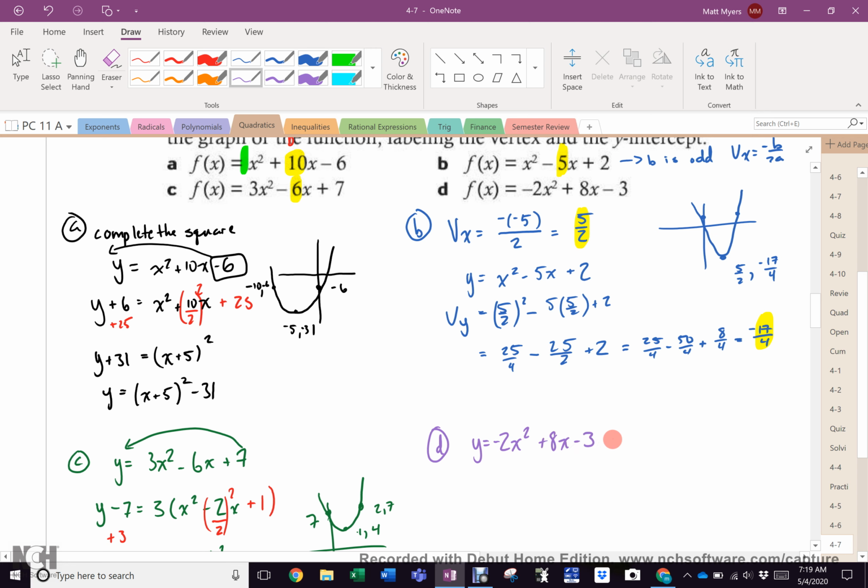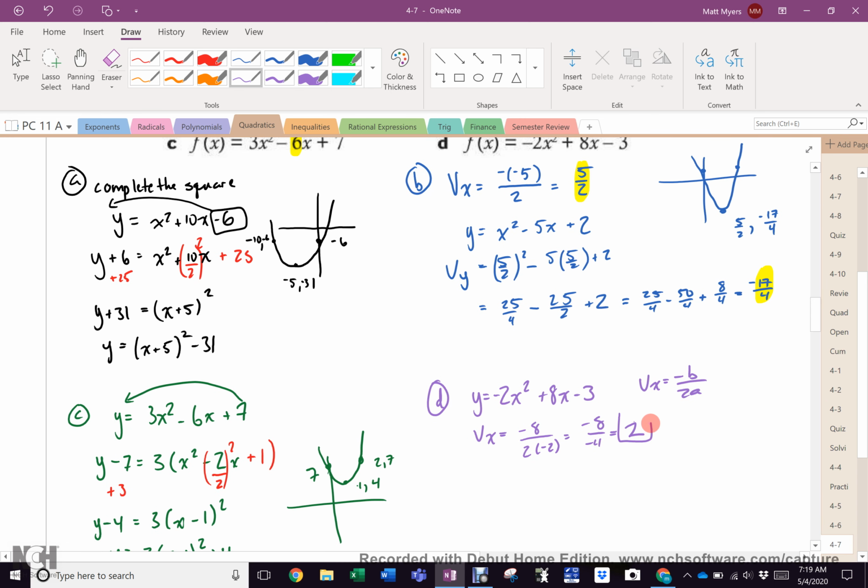And remember, our vertex x equals negative b over 2a, which you recognize as part of the quadratic formula, of course. So that is negative 8 over 2 times negative 2, which is negative 8 over negative 4, which is positive 2. So my vertex x is positive 2.